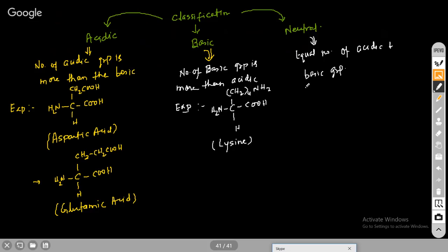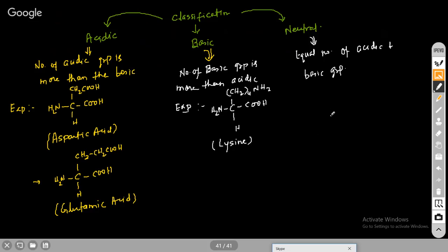I'm not telling you that this compound is neutral in nature or acidic in nature or basic in nature, right? However, it is true when you say it for acidic and basic. But for neutral, if the number of COOH and NH2 groups are equal, then also it is not necessary that the molecule will be neutral in nature. And that is how we get the concept of zwitterion. We'll discuss that.